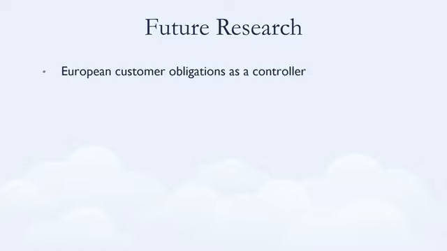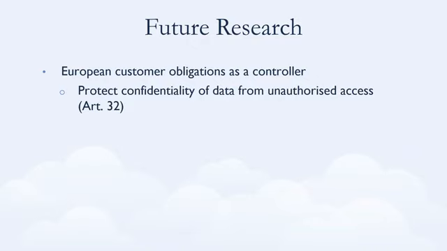Just in closing, then, I'll note this is an area of ongoing research for us. So we're also interested in what all of this means for the European customer and their obligations as a controller. So, there are questions around whether, as a European organization, you can use a cloud provider as a processor knowing that that provider is subject to US jurisdiction.